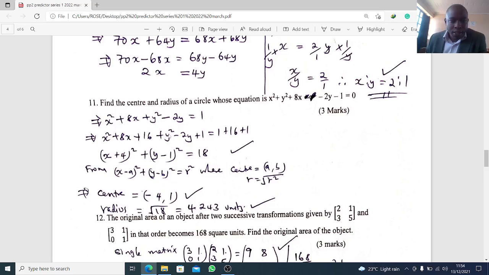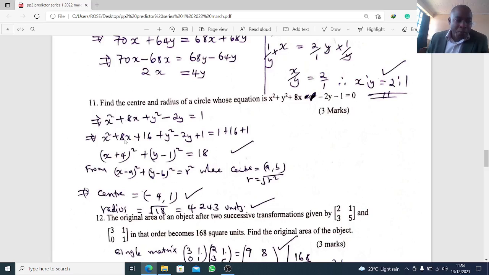I use the completing the square method to find a c for each part, for x and for y, and whatever I get, I add it also on the right hand side. To get c, we know that c equals b over 2 squared.